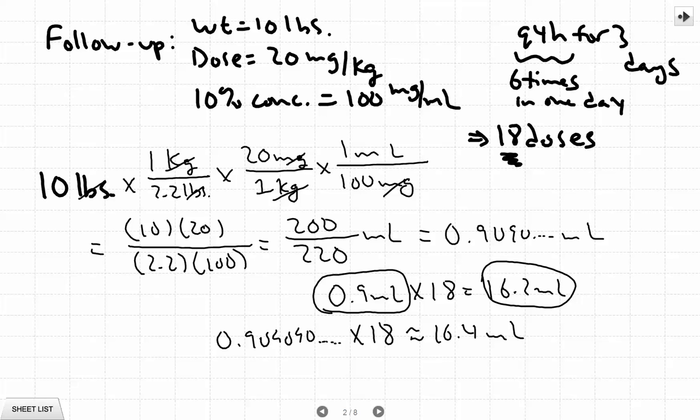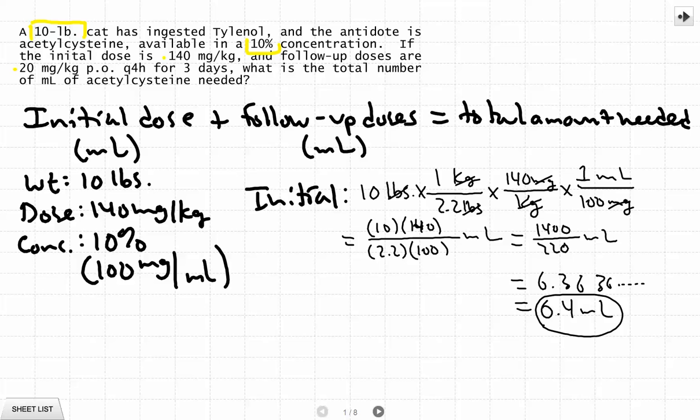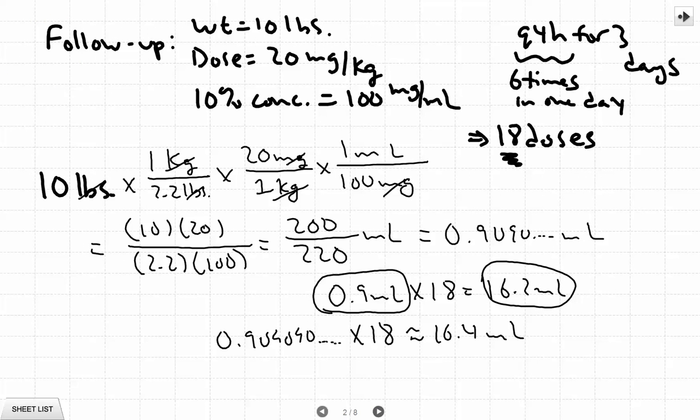So now what we need to do is come up with the full amount of acetylcysteine. If we go back 1 page, we have 6.4 mLs from our initial dose, right? That's our initial dose. So down here on the left, we have 6.4 from the initial dose. We have 16.2 from all the follow-up doses.